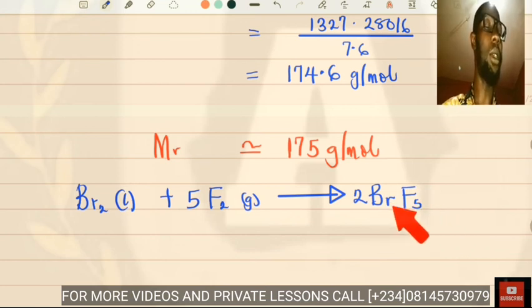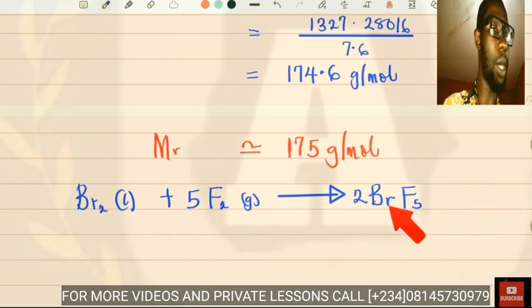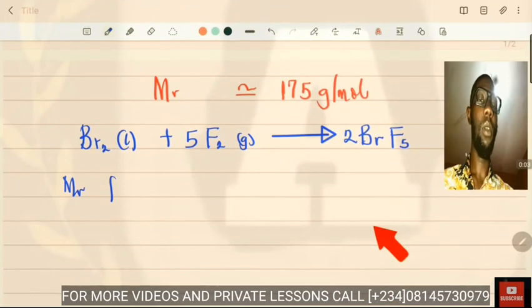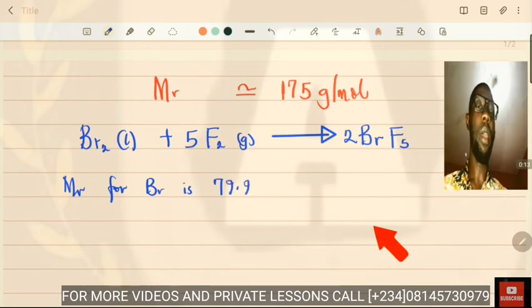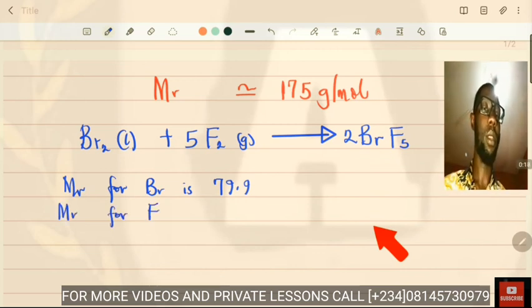Now when we calculate the formula mass, the molecular mass of bromine pentafluoride should be approximately equal to 175. So we have to calculate this so we can confirm. Now the Mr for bromine is 79.9, and the Mr for fluorine is 19.